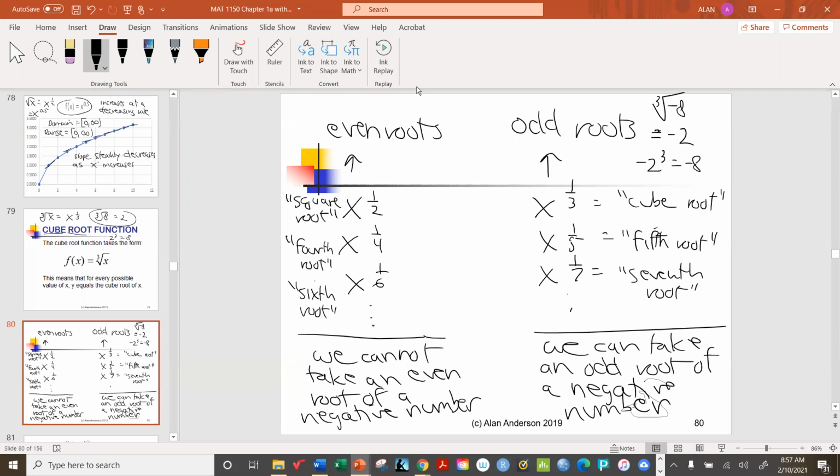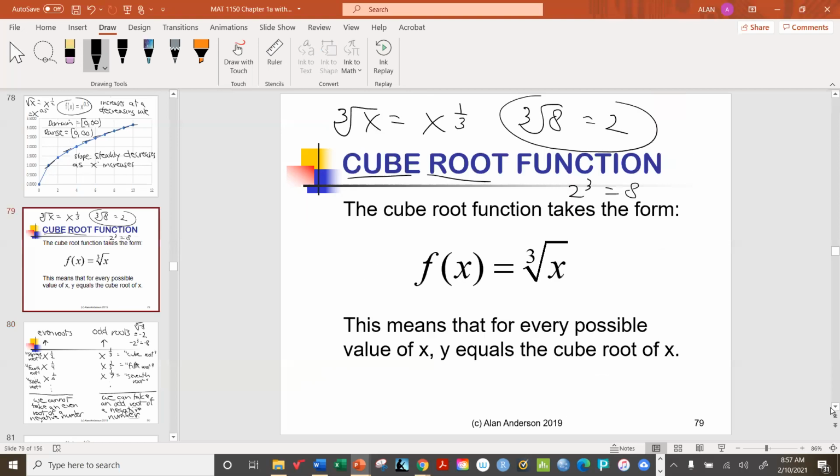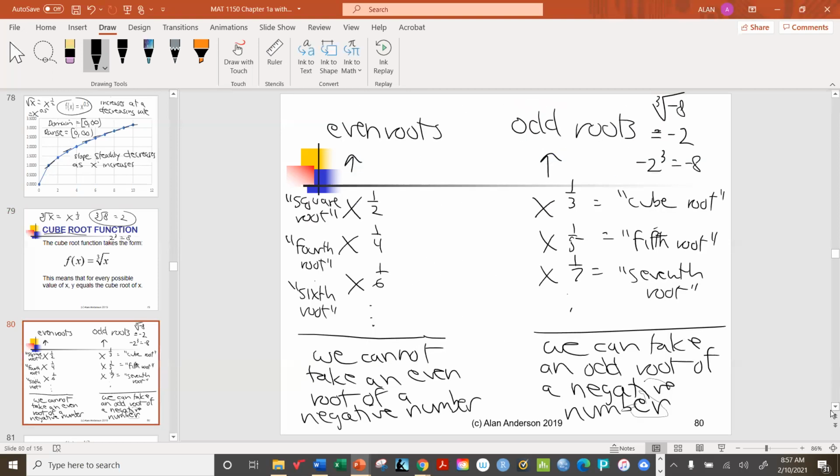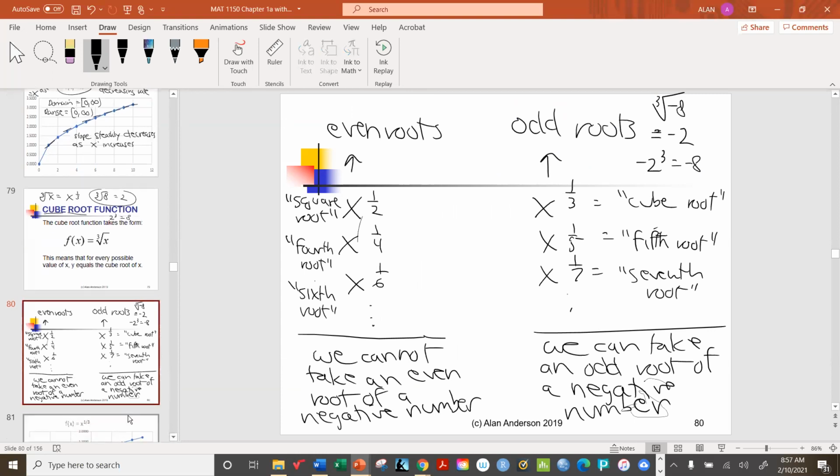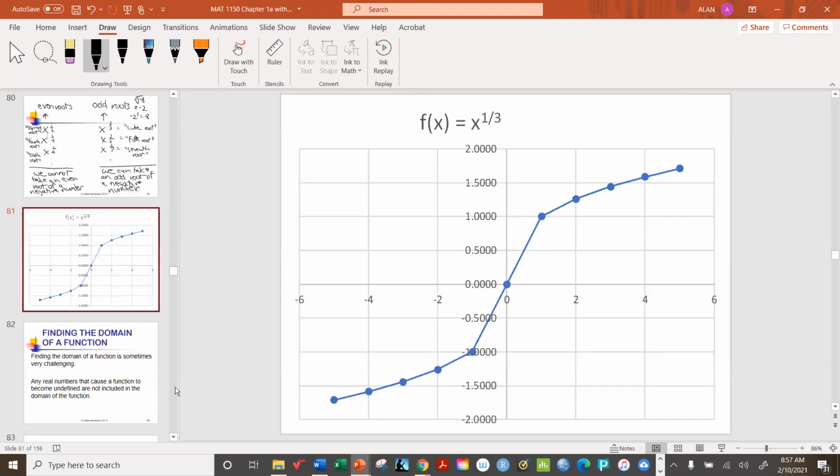All right, so with all that being said, let's see what this thing looks like. All right, so all of these are odd, these are even. Just remember the key to the whole thing: odd roots can be applied to negatives, even roots cannot. So this is what it looks like in Excel, and it's kind of clunky looking, but it gives us an important insight.